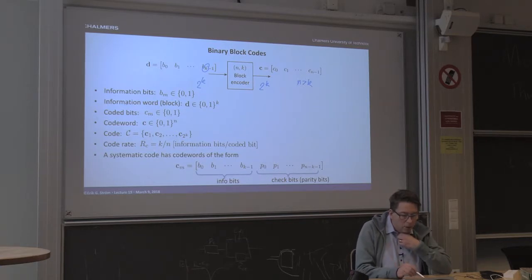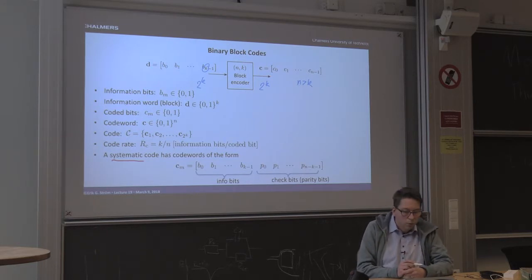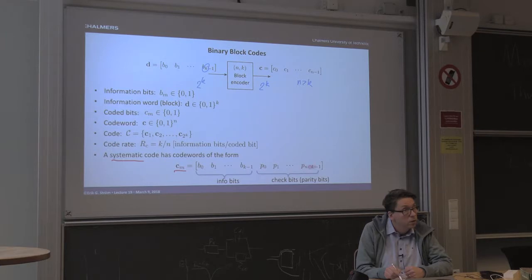In practical systems, we almost always use systematic block codes, or systematic codes. And these are of a special structure. The code word here consists of first the input bits to the encoder. So this is the information bits. And then there are some check bits or parity bits.